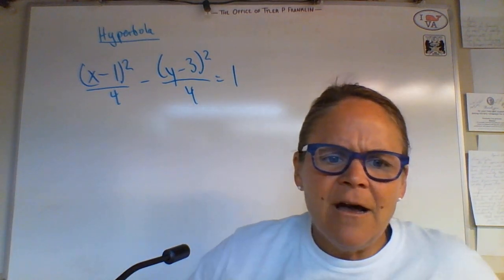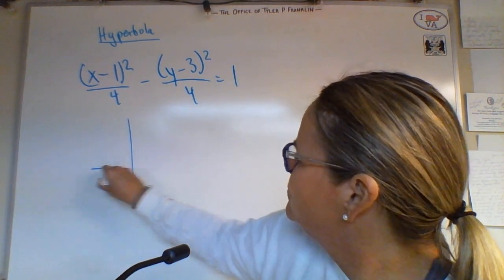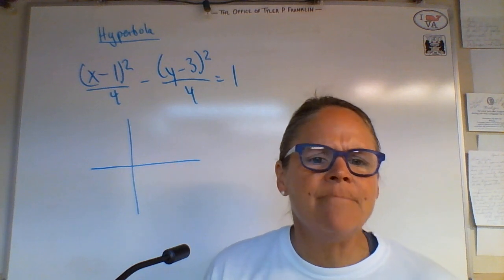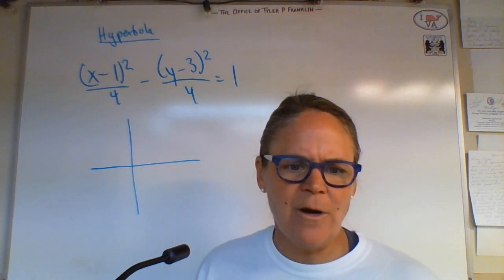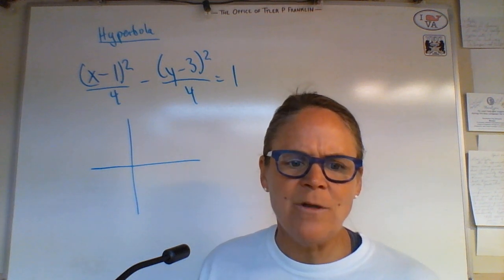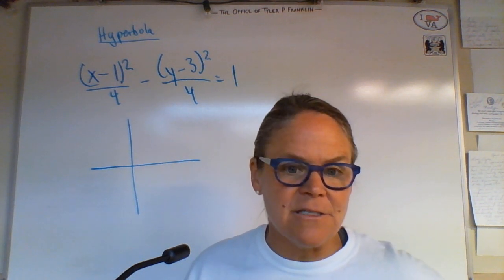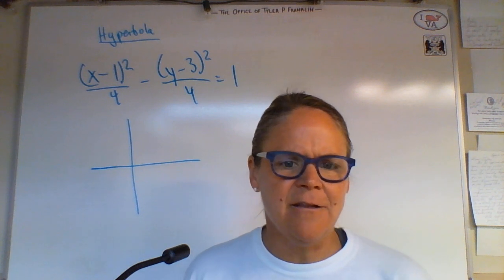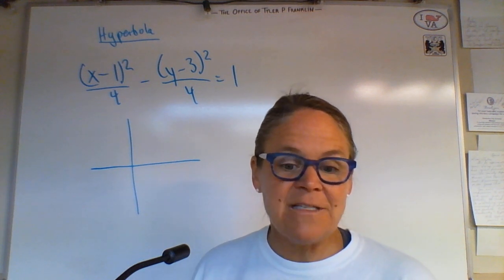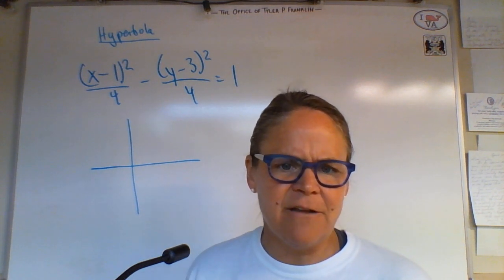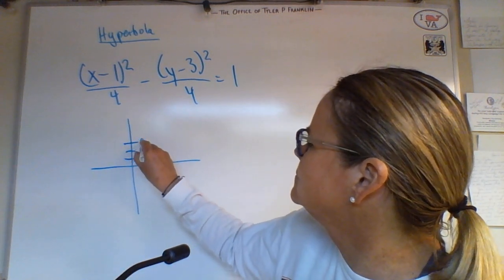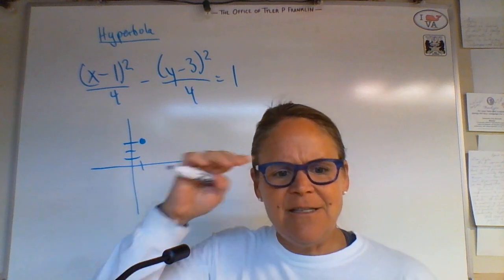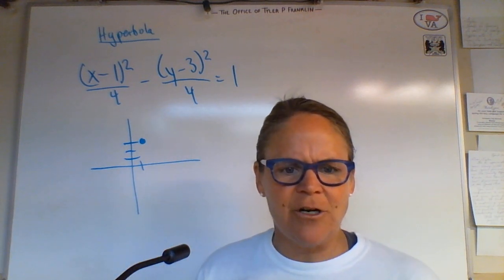What I think of in drawing it is, find the parts and think of how it's going to go. X squared is first, so I know it's going to be sideways, going to the right and to the left. Center, always take the opposite of the x, the opposite of the y: 1, 3.